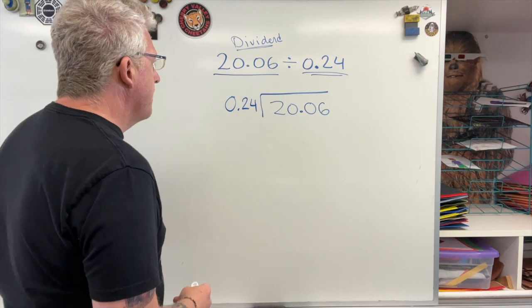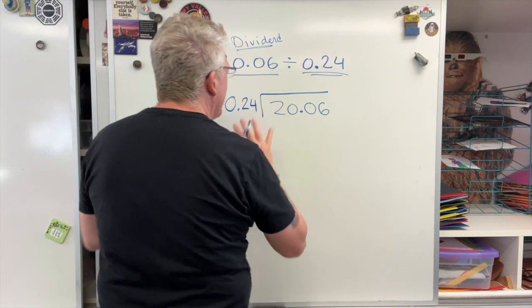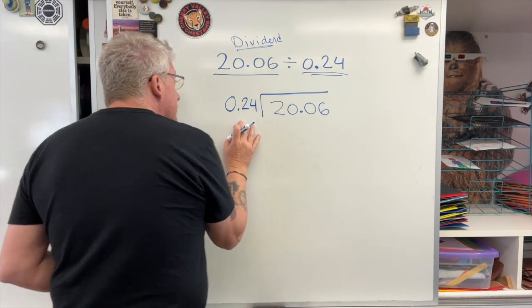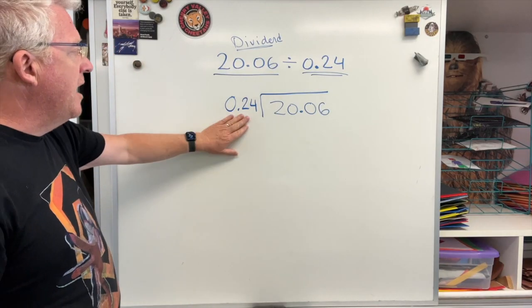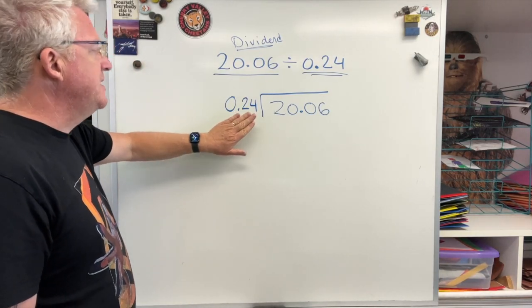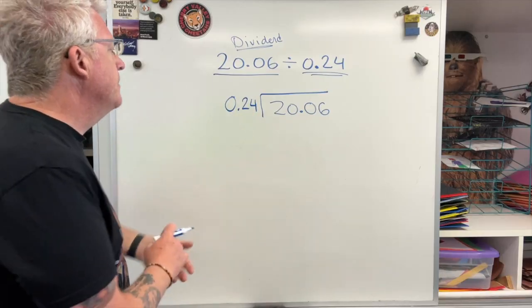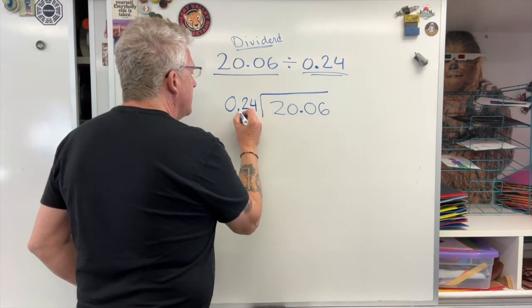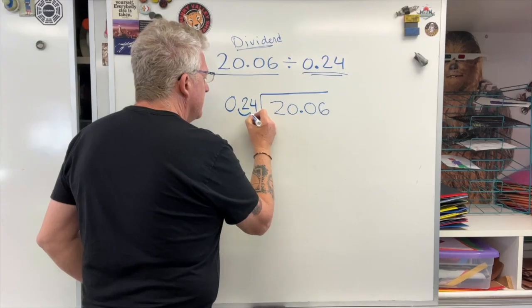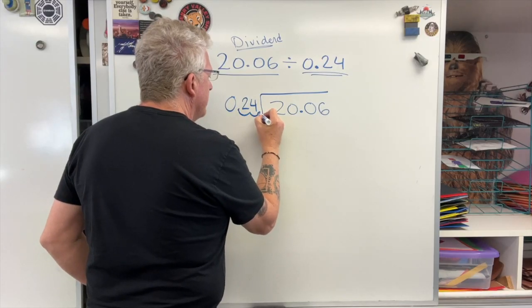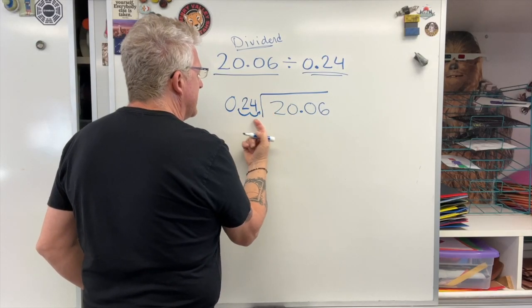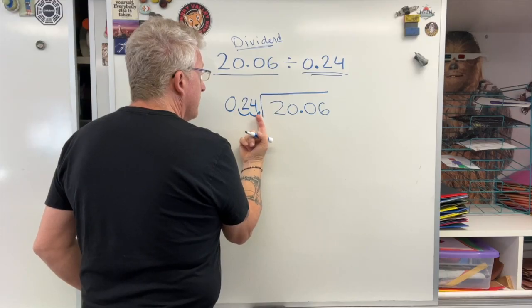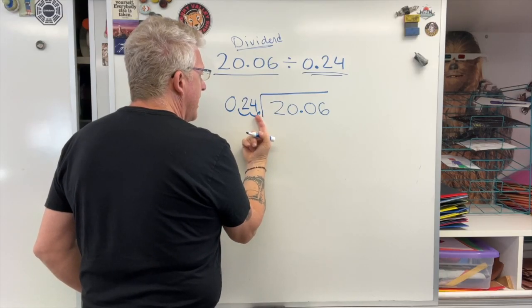Right? Okay. Didn't give myself a lot of room up here, but we're going to make it work. Please remember that you cannot work with a decimal in the divisor. You have to get rid of it. So what we're going to do is look for that equivalent problem that requires us to have this decimal point living here. We're going to move it over 2 spots to the right.